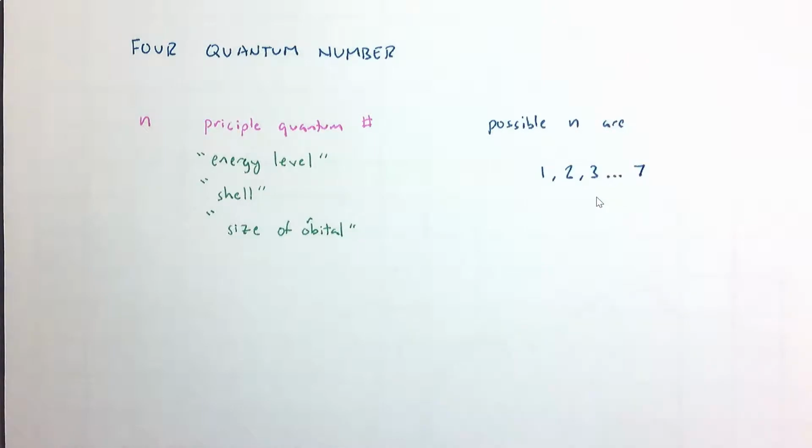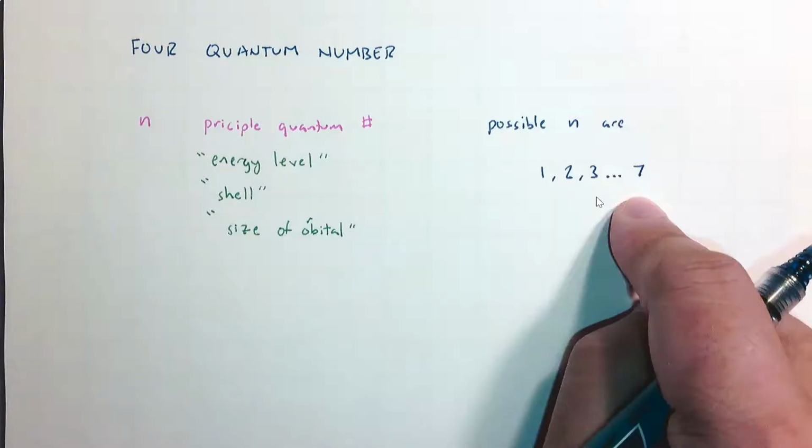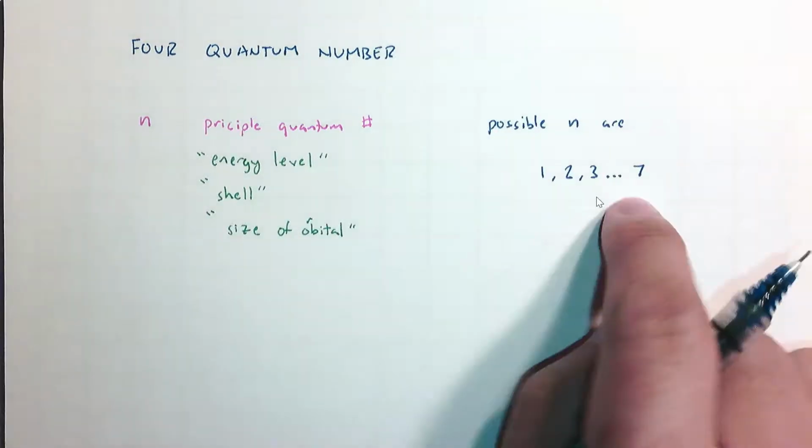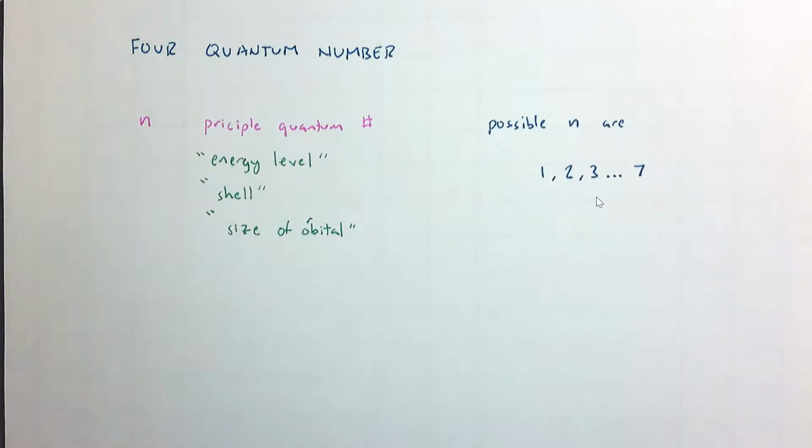That's as high as we've gone so far. Maybe in the future, with larger atoms being produced, larger elements, we could get up to 8. 1, 2, 3, all the way up to 7. That's it for the principal quantum number.